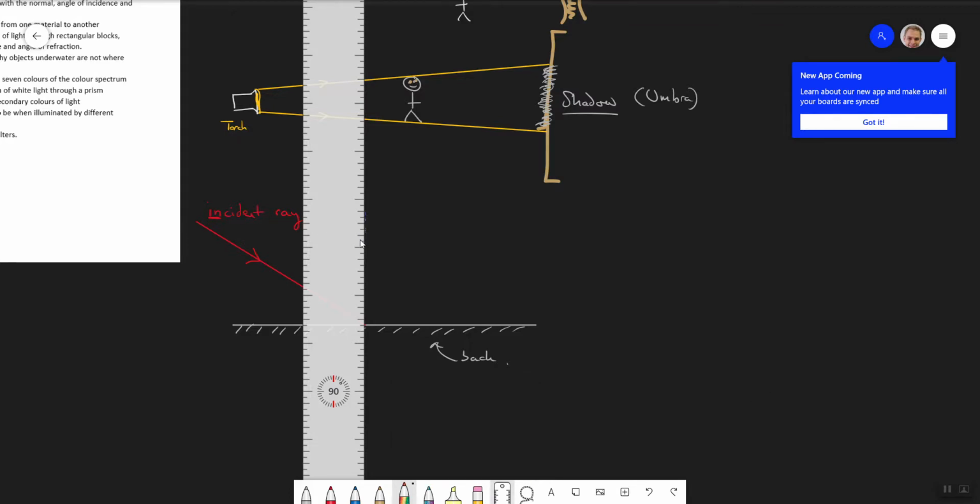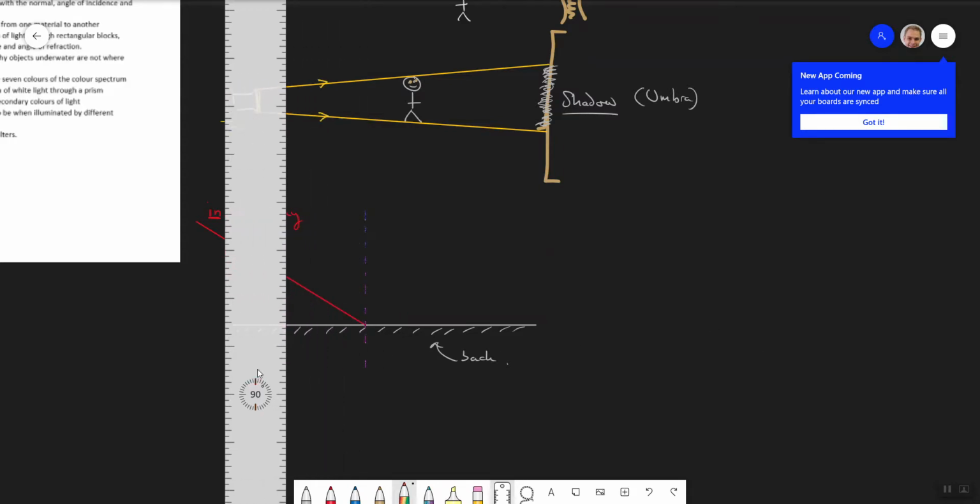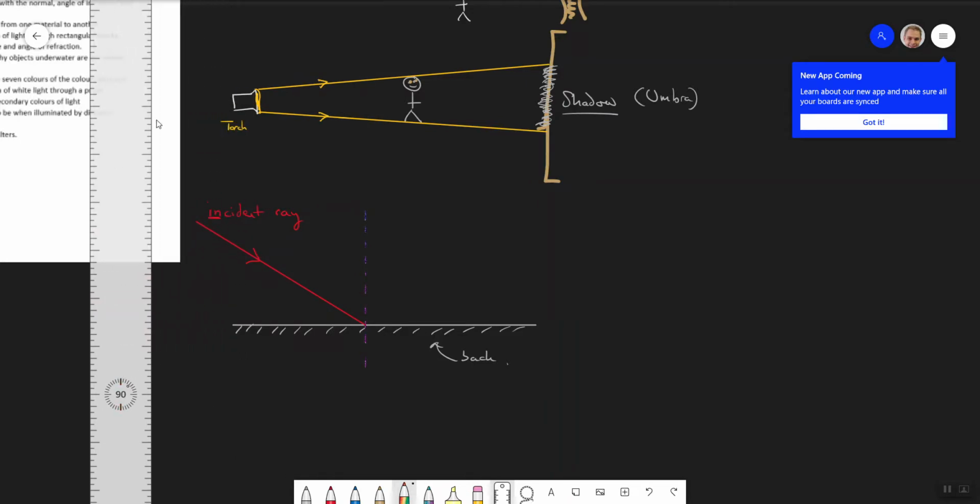This is often a dashed line. Okay, this is called the normal. Normal literally just means 90 degrees. It's at 90 degrees, not to the ray, but to the mirror. So no matter what it hits, that's what it's 90 degrees to.